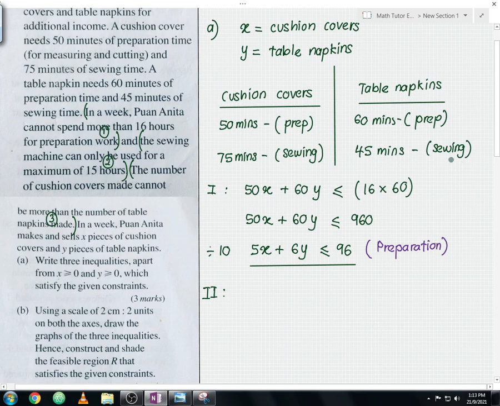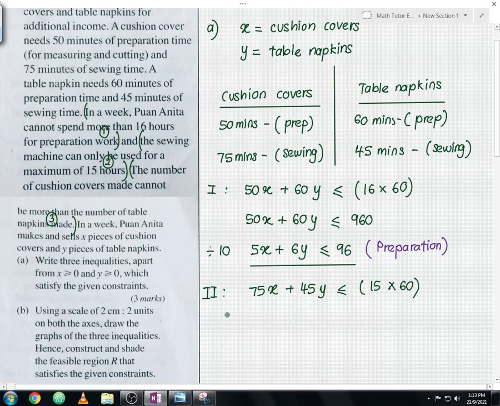Let me guide you one by one. 75 minutes times x cushion covers, plus 45 minutes times y number of table napkins. It should be less than or equal to 15. Remember guys, you need to times by 60 because you need to convert from hours to minutes.